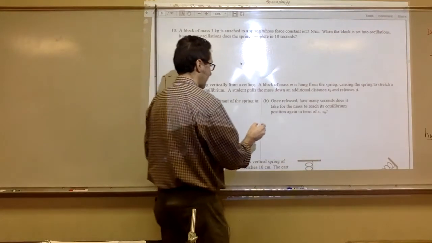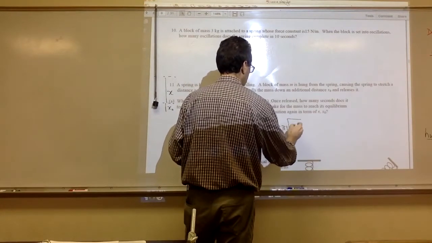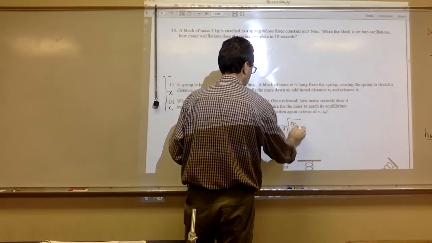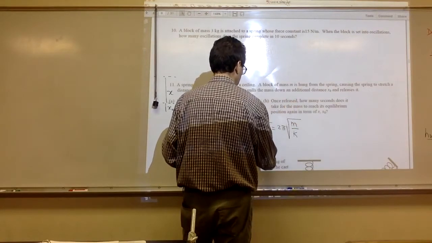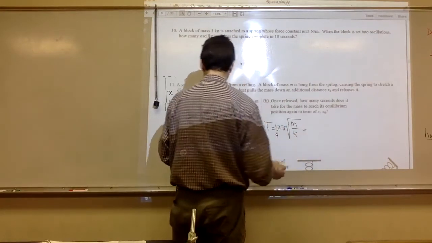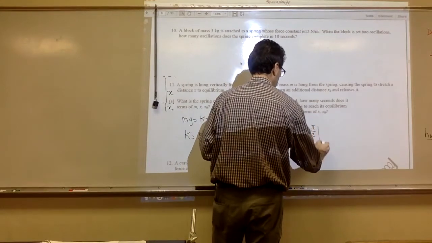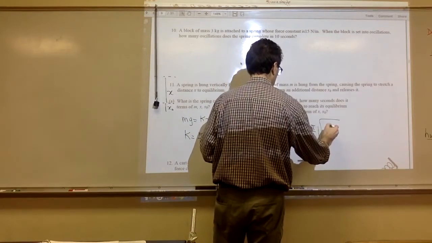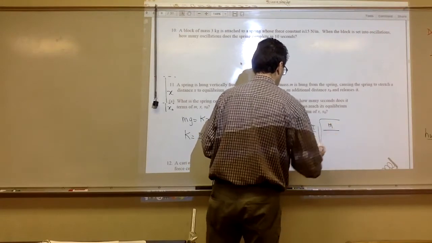Okay. T equals 2 pi square root of m over k. So the time that it's going to take is going to be 1/4 of that. That's going to be pi over 2 square root of m over k.